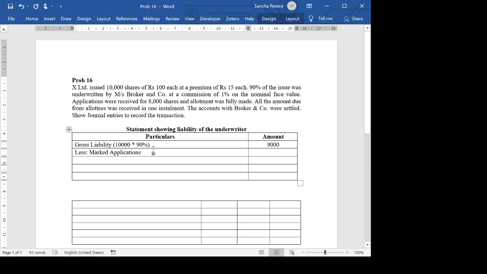Can anyone tell me how we will go about this? Just give a guess or what you think should be done in a situation like this. How will we find out our marked applications? Okay, it may be right, it may not be right.